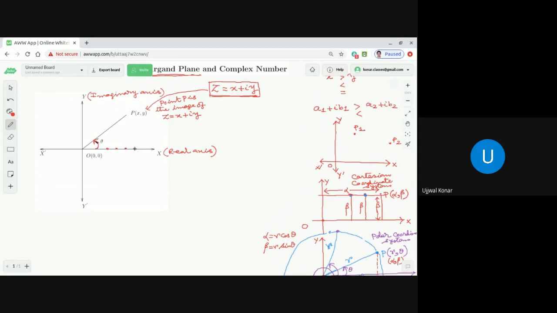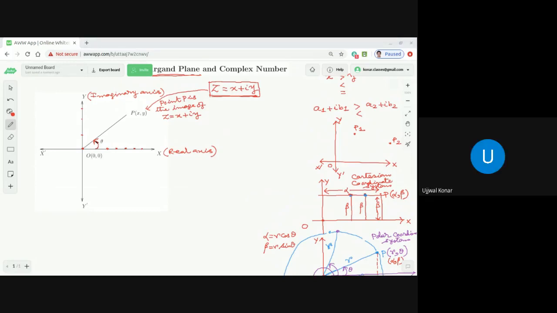All are purely real numbers, as it is the real number line. Okay, right? And all purely imaginary numbers lie on the imaginary axis, that is on the y-axis. Correct or not? On this axis, all the imaginary numbers are actually plotted. So the complex number 0, which is represented as 0 plus 0i, lies at the origin, that is here.